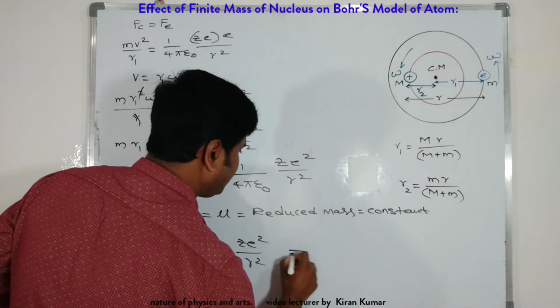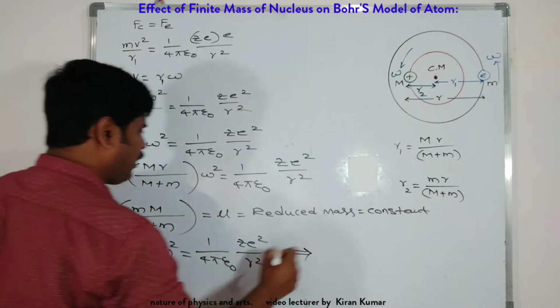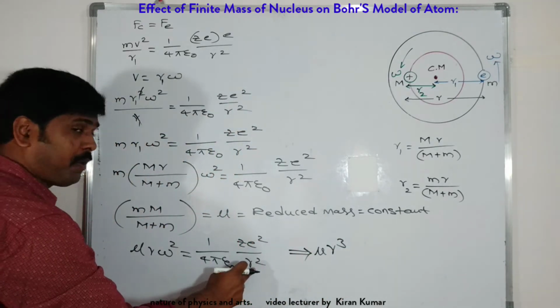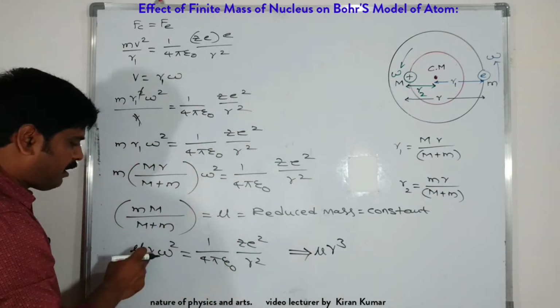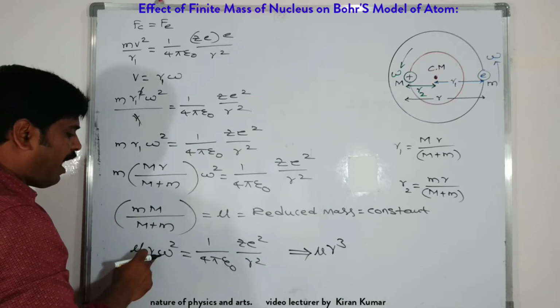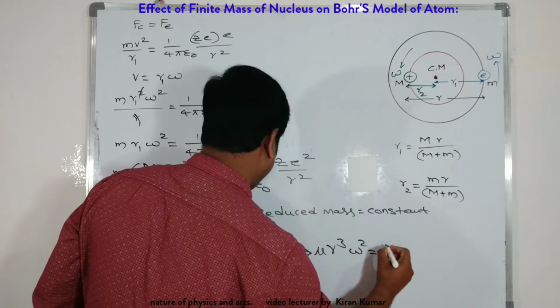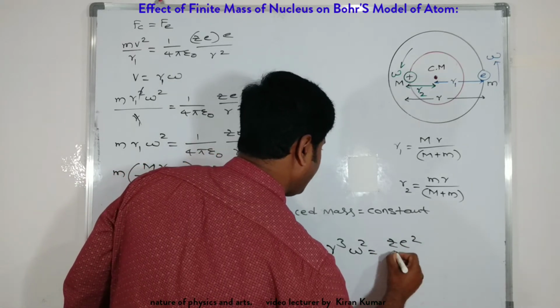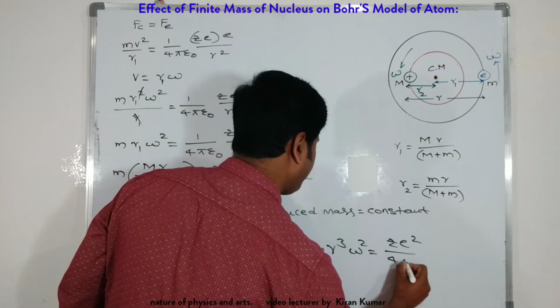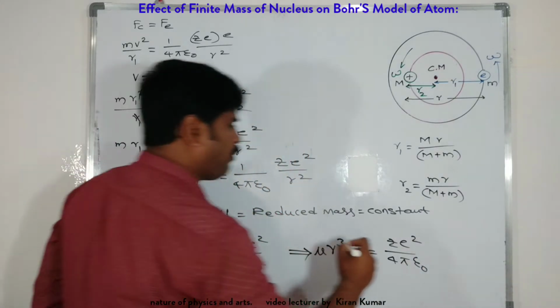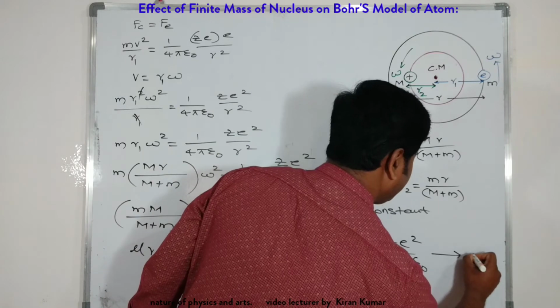And from this equation, r square goes from the right-hand side to the left-hand side, and since r is already there, we get mu r cube omega square equal to Z e square divided by 4 pi epsilon naught. This is equation 1.